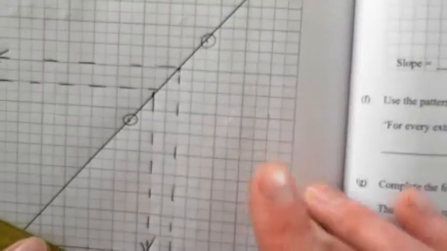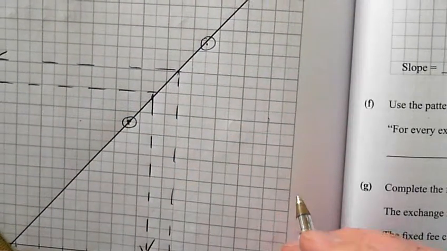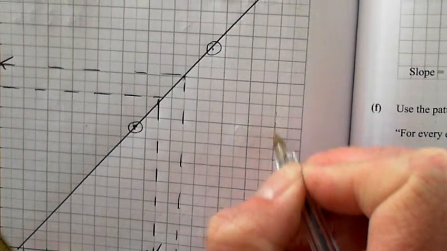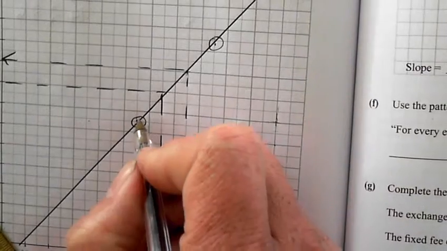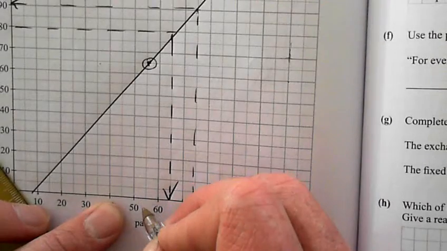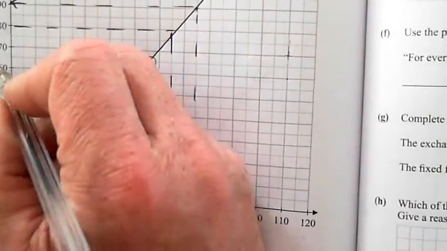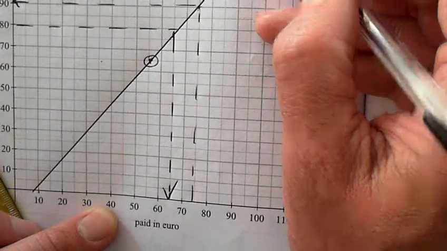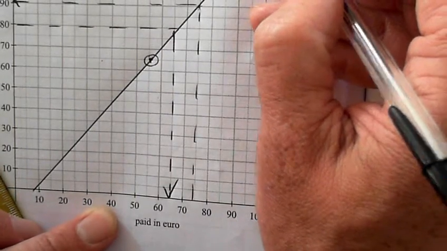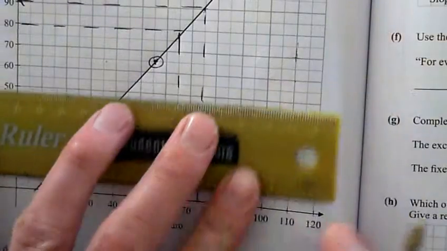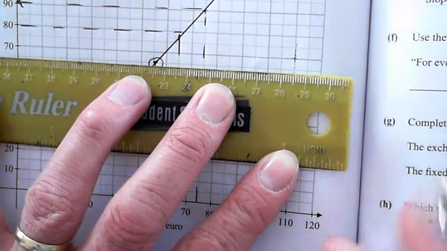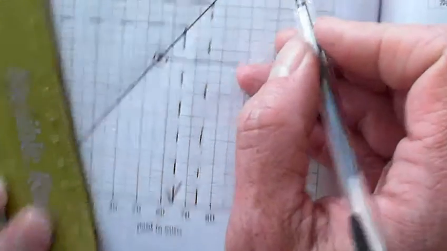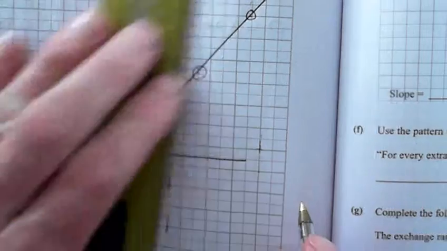Right. I know that from the question we have to pick 2 points that are directly on the crosshairs. I know that this point is on crosshairs, because this was 55, 65. And this one was 105 and 130. To get the slope of a line, remember you can use the rise and the run. So I'm going to make a triangle using these 2 points.